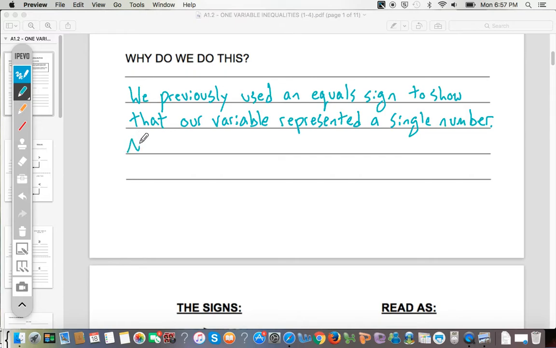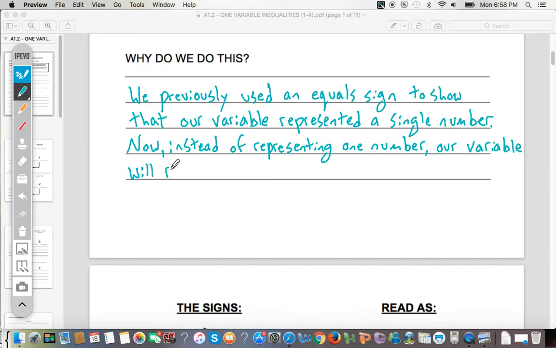Now, instead of representing one number, our variable will represent multiple numbers.